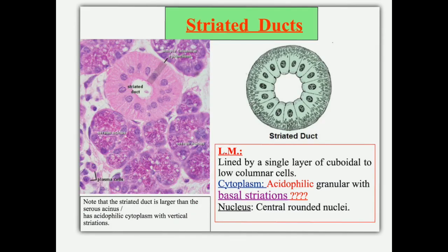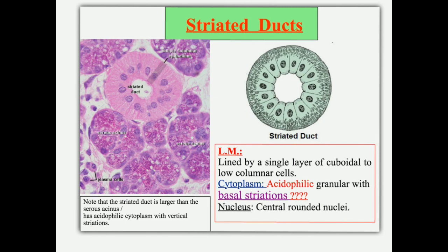Then we have the second duct, the striated or the intralobular duct or secretory duct. These are three names for the same duct. Here we have why it is called striated, because it shows basal striations inside the cells.